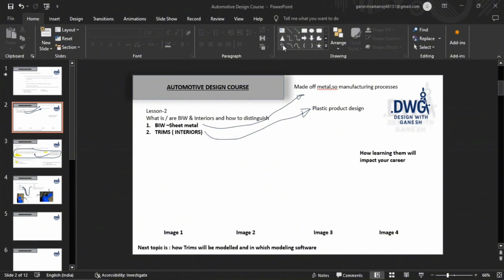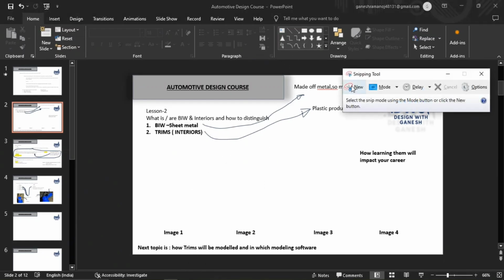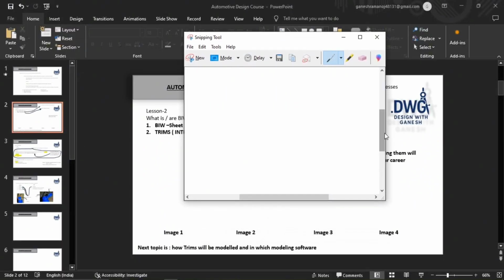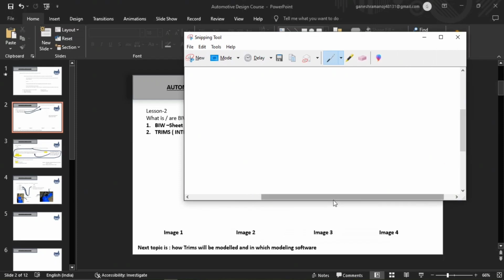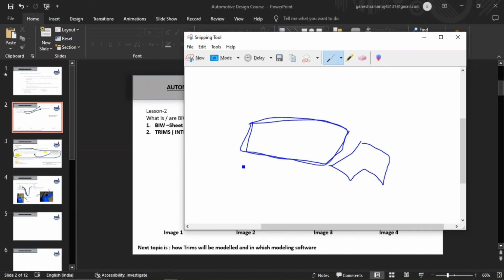Let's draw it. Let's say, for example, this is our hood. Just imagine, I'm not good at drawing. The hood may be surrounded by two fenders, this side one and this side one.